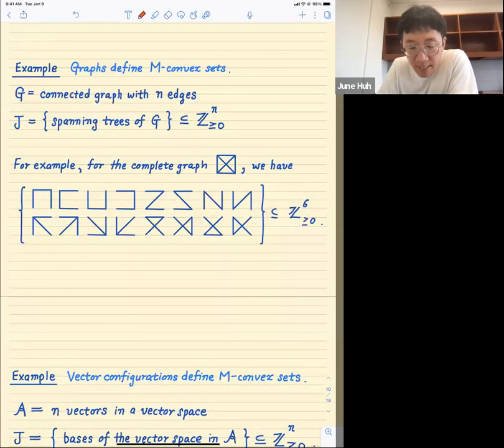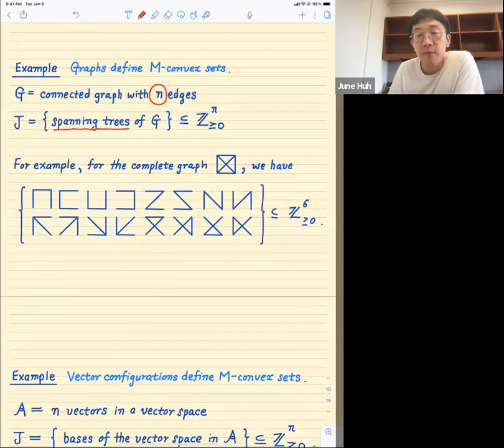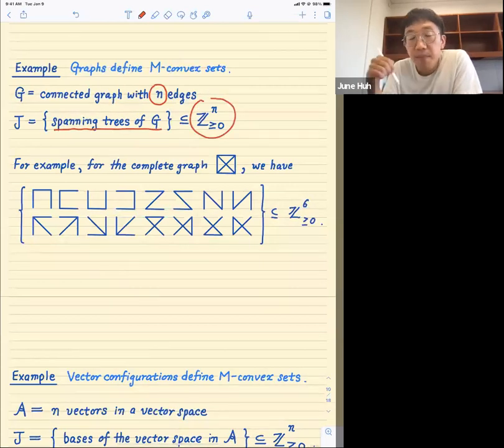So you take any connected graph with n edges, and the M-convex set associated to this graph is the set of all spanning trees of G. And I'm going to view the set inside Z^n, by which I mean I'm going to view each one of the spanning trees as a subset of edges of G. And each edge in G will be a coordinate in Z^n.